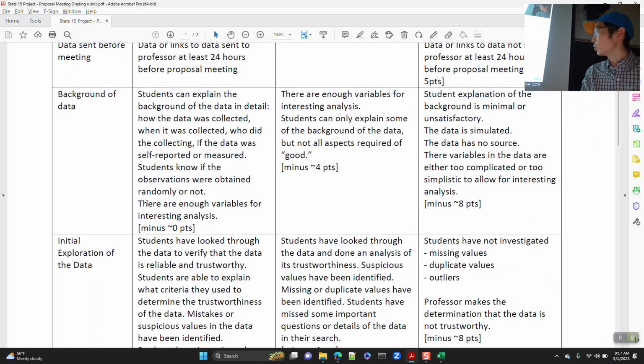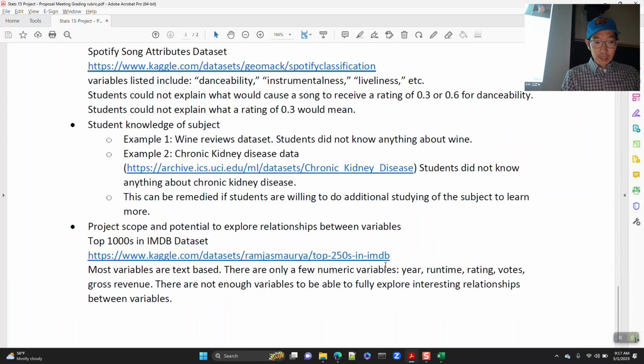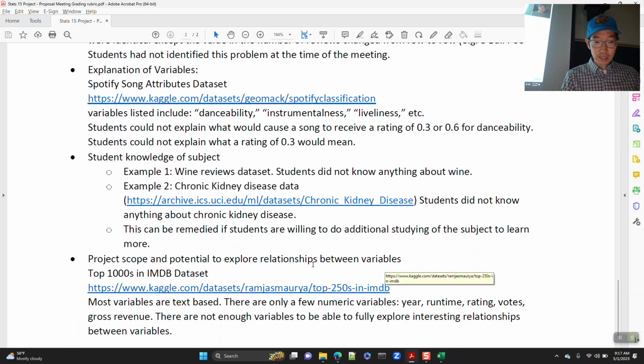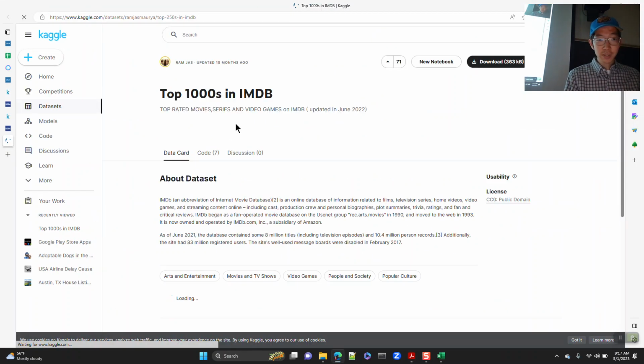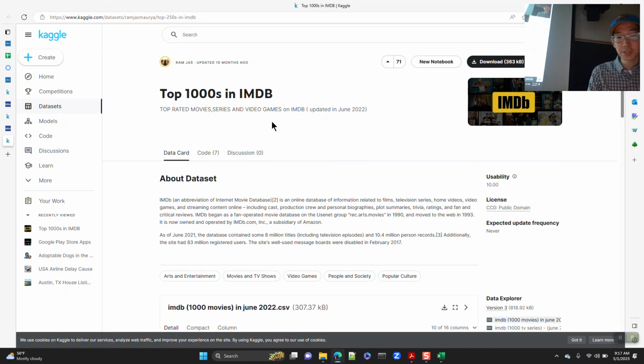One of the questions here is whether there are enough variables for interesting analysis. I flagged this for a different issue, but here's another data set, the top 1000 on IMDb.